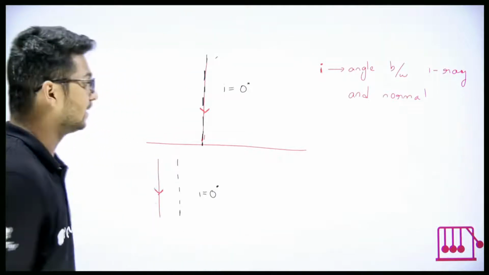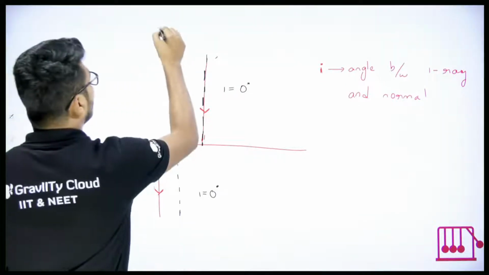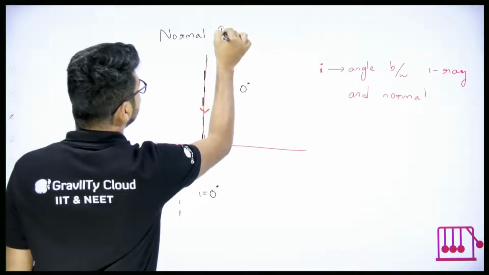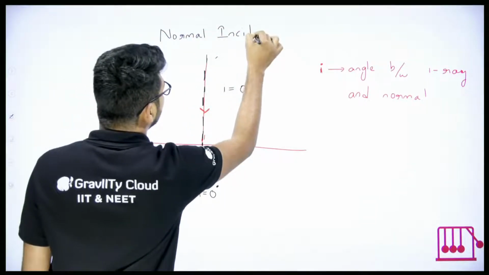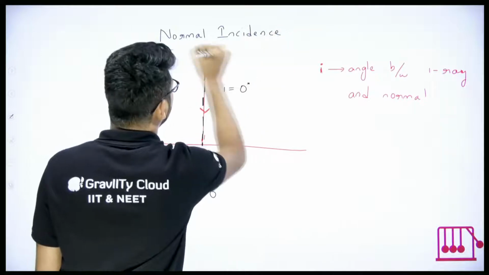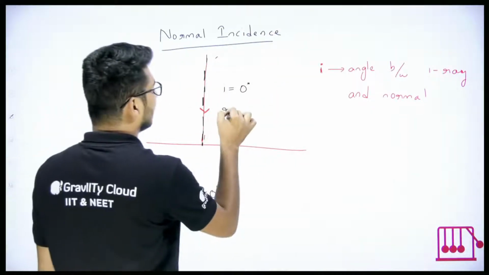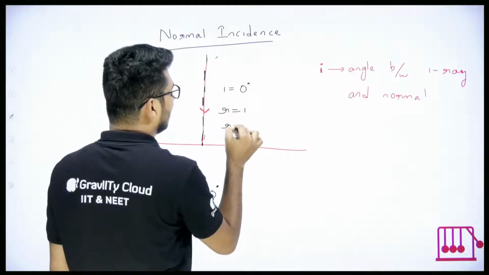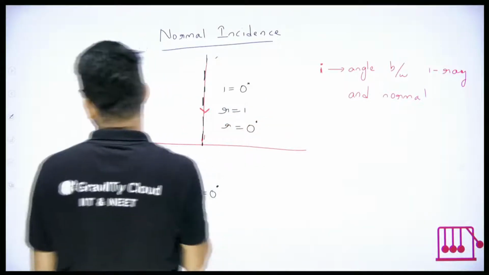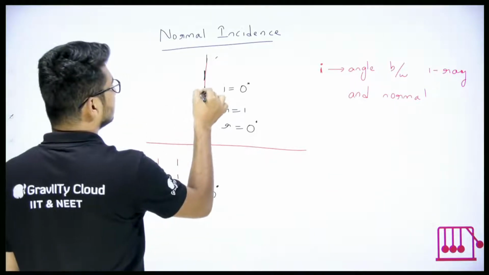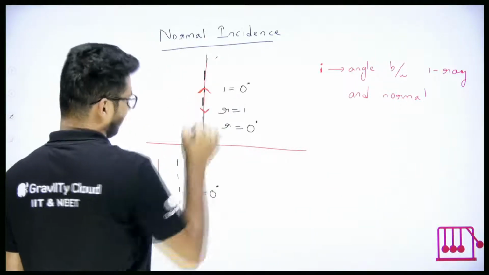This is a special case. And what do we call this case? We call it normal incidence. So in the case of normal incidence, angle of incidence is 0 degrees. We know that R is equal to I. So R also will be 0 degrees. So for the reflected ray, all that you have to do is just show an arrow up.